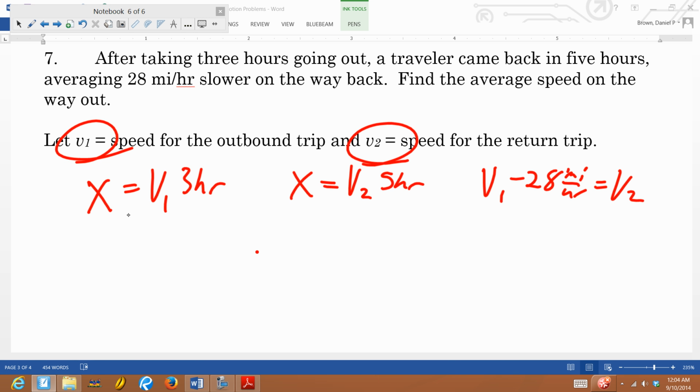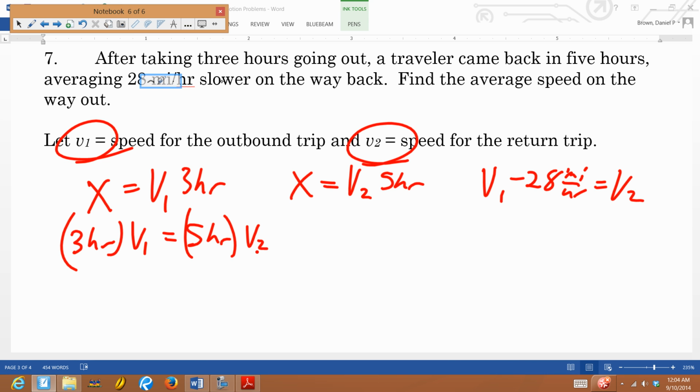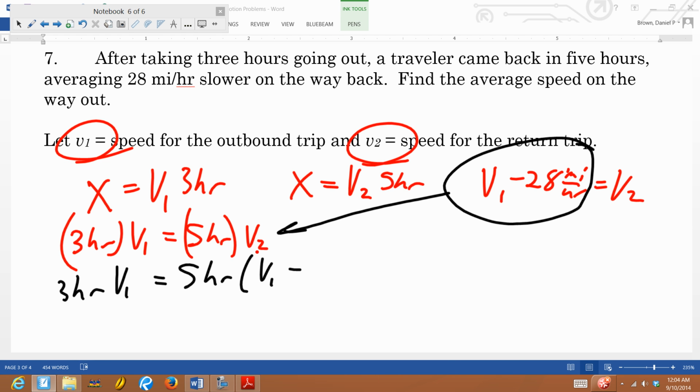Now they're both equal to X right here. So we can say 3 hours times V1 equals 5 hours times V2. But I can take this equality over here that I just wrote down, and I can plug it in for V2. So we get 3 hours times V1 equals 5 hours times V1 minus 28 miles an hour.